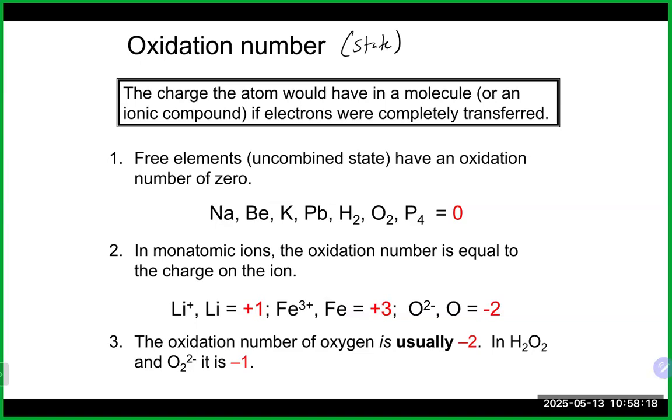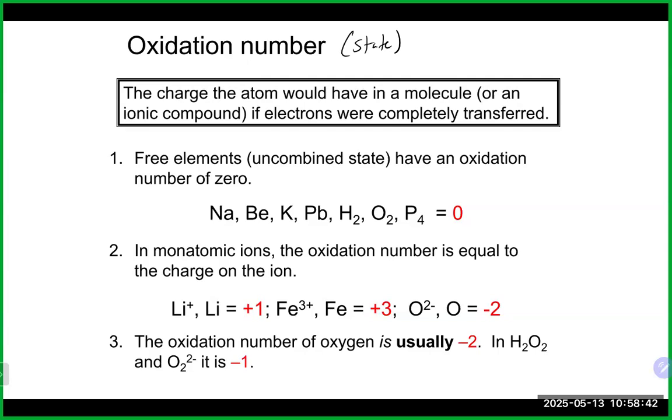Sometimes oxidation states don't match up with the charges we think of for things. So let's talk about the rules. If you have anything that is by itself, uncombined, naturally how it comes, the oxidation state is 0.